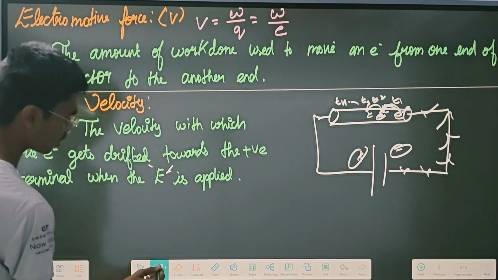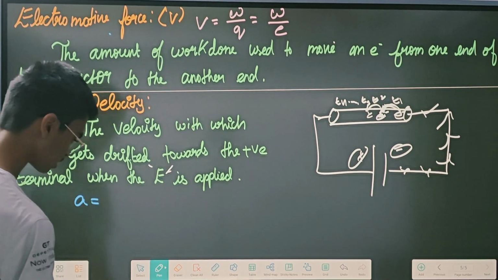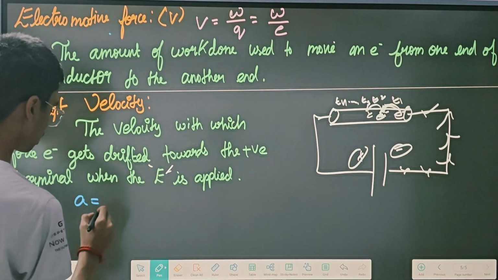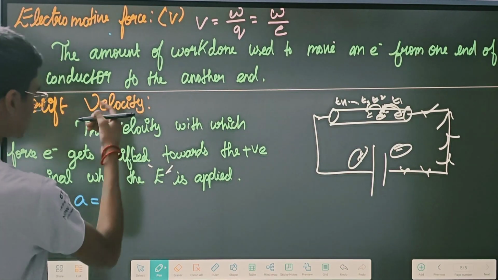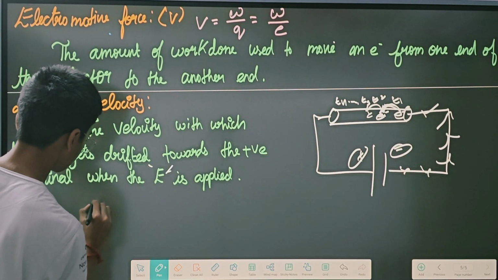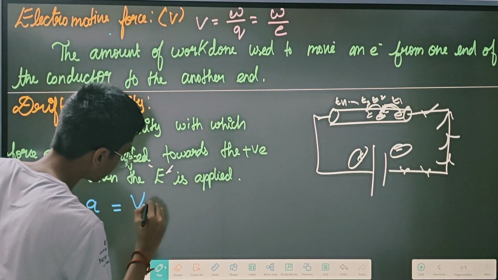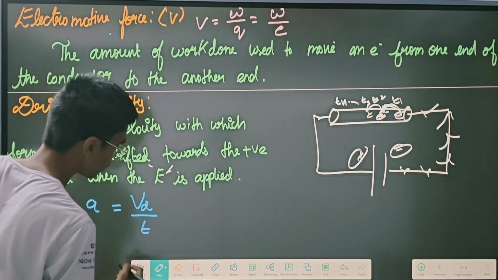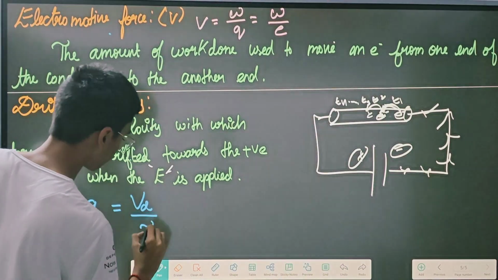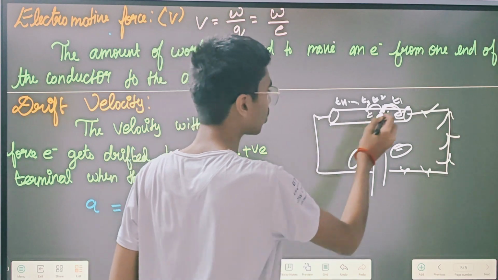Okay, so coming to here, acceleration is equal to velocity by time, right? Here velocity is going to be drift velocity, so it's going to be Vd. Acceleration is equal to Vd whole divided by t. Here t is not set as t, here it is set as tau. What is tau? Tau is none other than the total average of time.